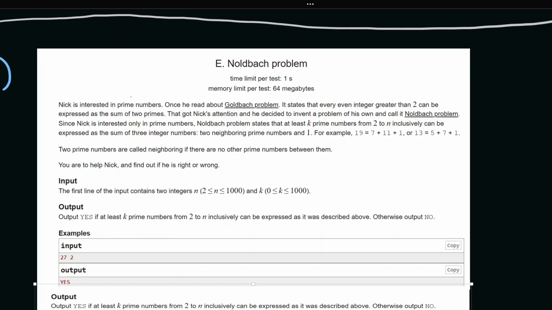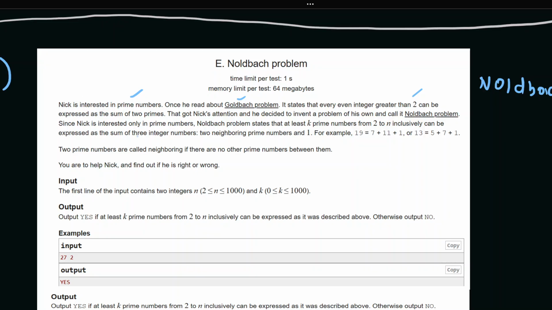Nick is interested in prime numbers. Once he read about some problem, the Goldbach problem, which states that every integer greater than 2 can be expressed as the sum of two primes. That got Nick's attention and he decided to invent a problem of his own and call it the Nolbach problem. That's something he invented.